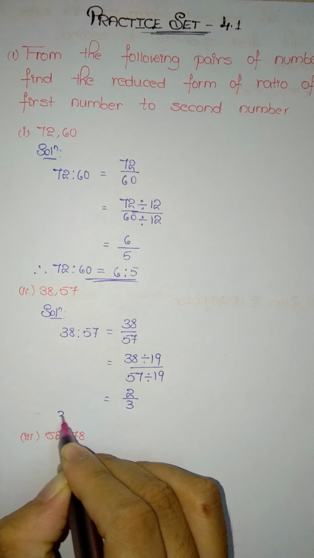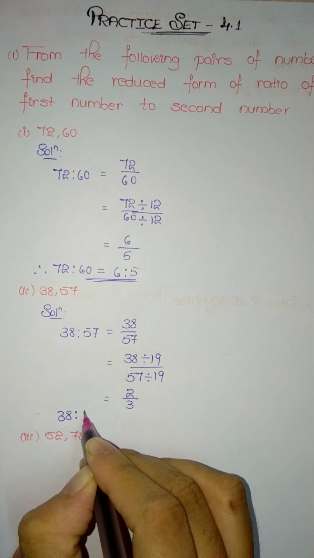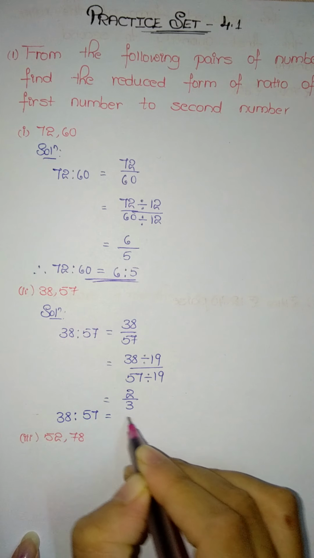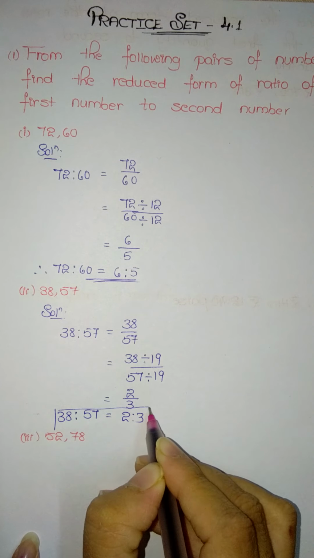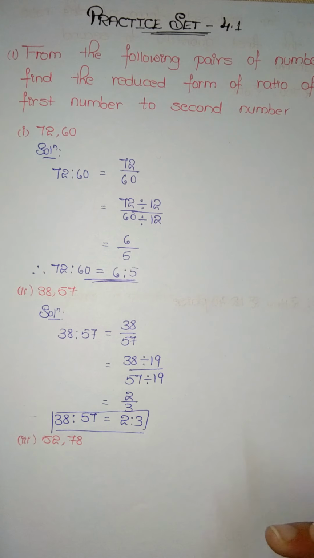So 38 to 57 equals 2 to 3. This is the answer for question number 2.